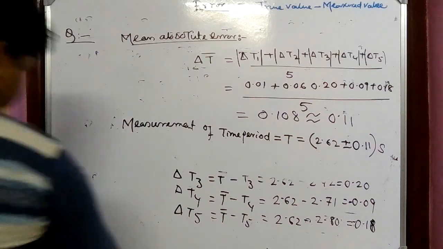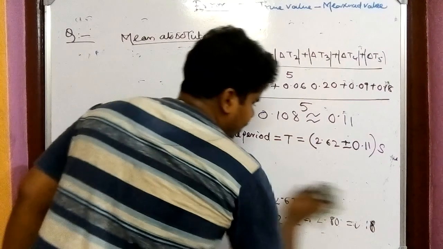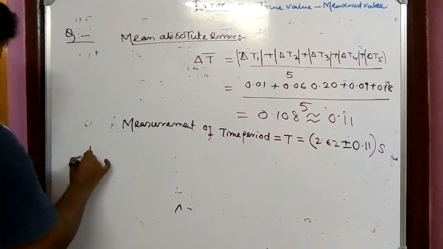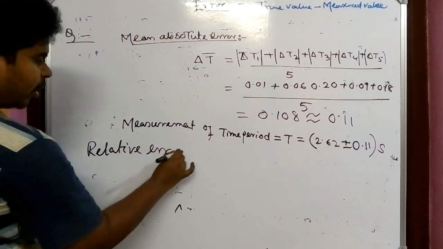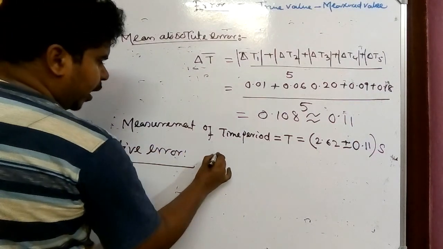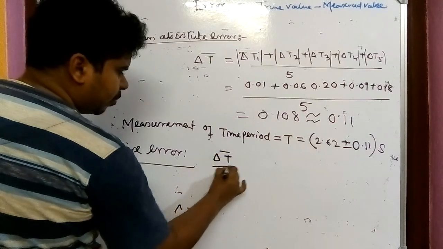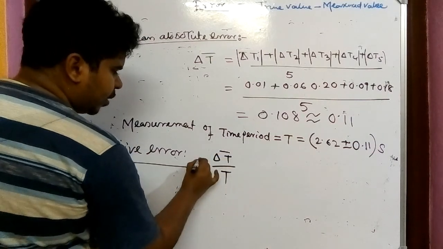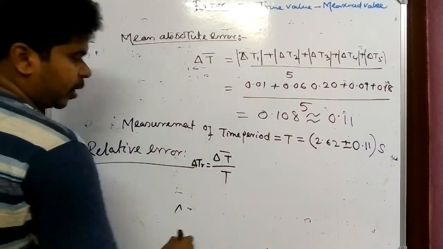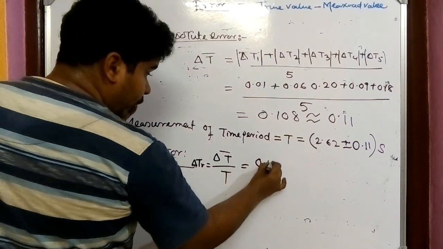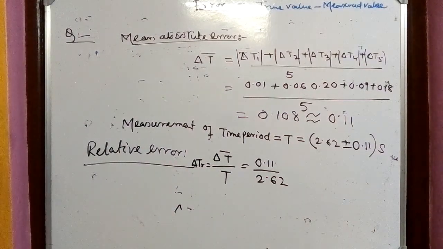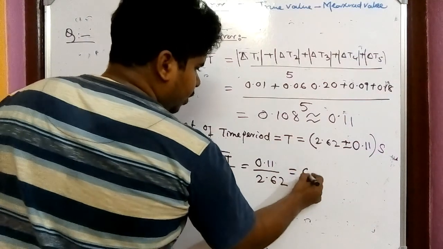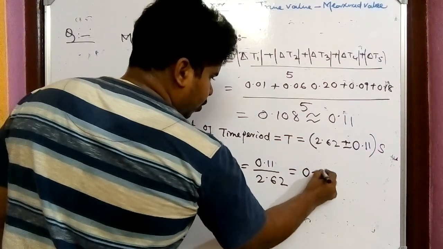Along with that we will do two more things. That is relative error, and relative error is delta T bar by T, that is delta T of r. So what is delta T? 0.11 by 2.62, and that value, which we have already calculated earlier, will come 0.04.